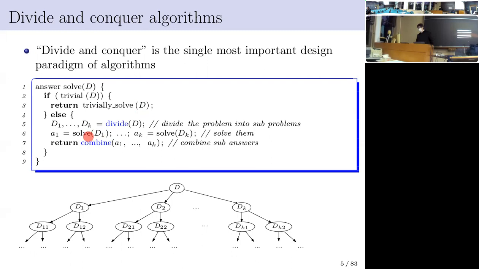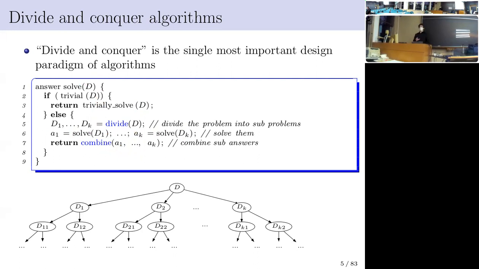You solve each of them independently and get partial results for each of these sub-problems. And you somehow combine these sub-results into the result for the entire input data set.